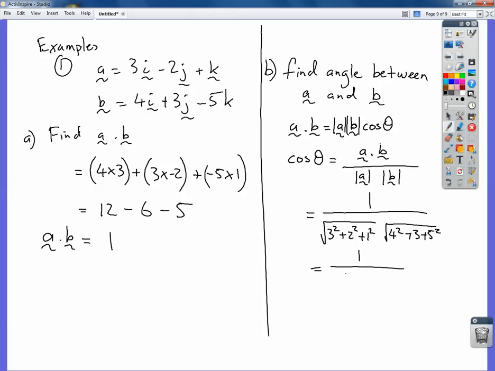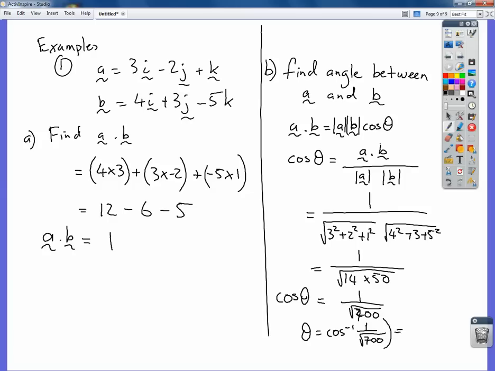That's 1 over the square root of 14 times the square root of 50, which becomes 1 over the square root of 700. That's cos theta. Theta is the inverse cos of that. Inverse cos of 1 over the square root of 700.